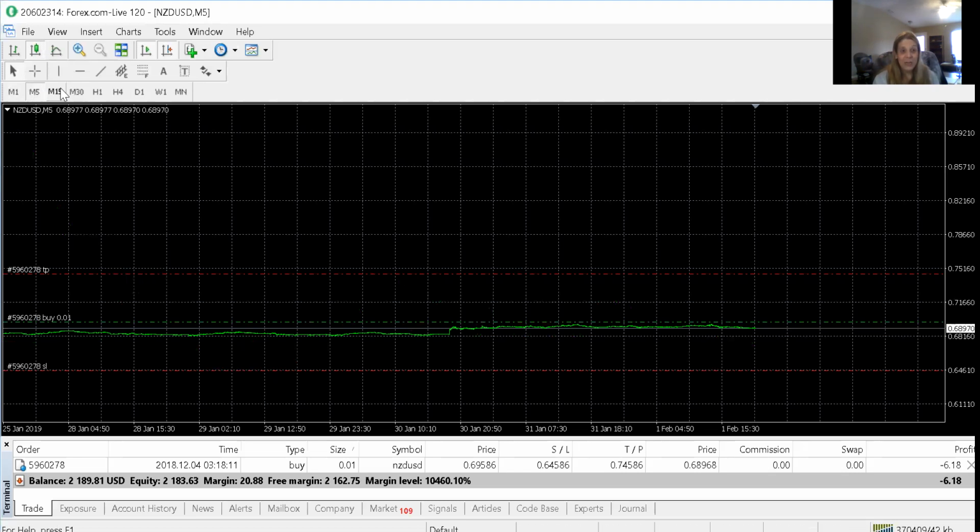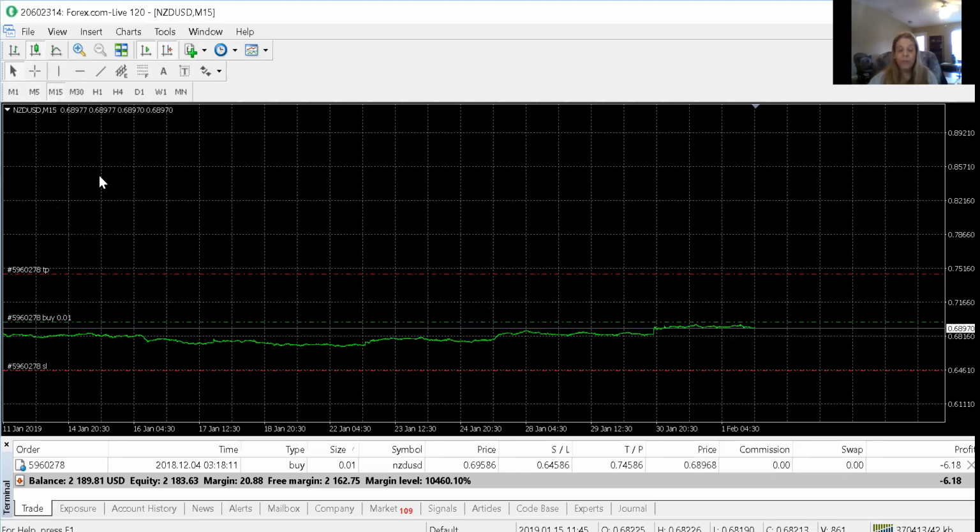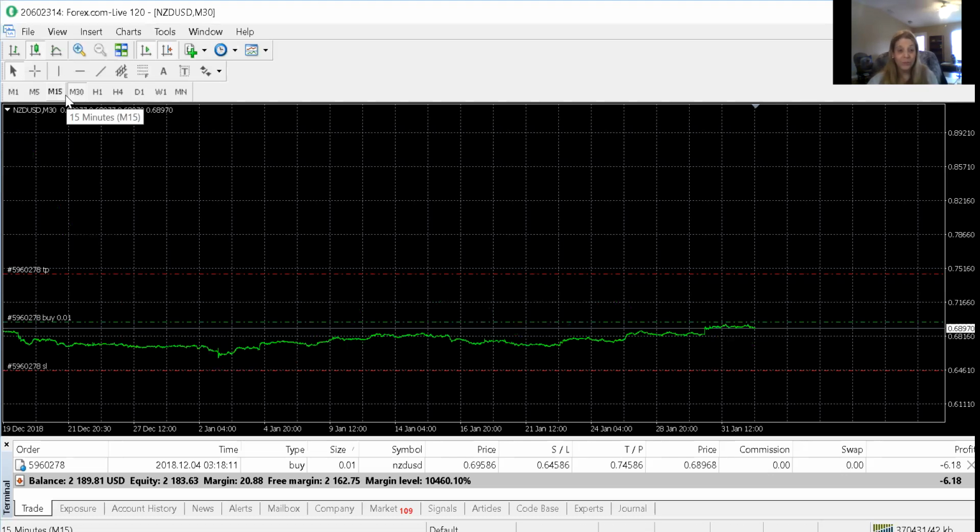In the 15-minute time chart, there's more movement, yes. But I still wouldn't advise trading here. If you don't have the experience, you don't have a marked up chart, and you're brand new to this, it's not a good idea to be trading with a naked chart. So you shouldn't be doing this unless it's a demo, not a live account. Going into the 30-minute time chart, yeah, you can see stuff here.